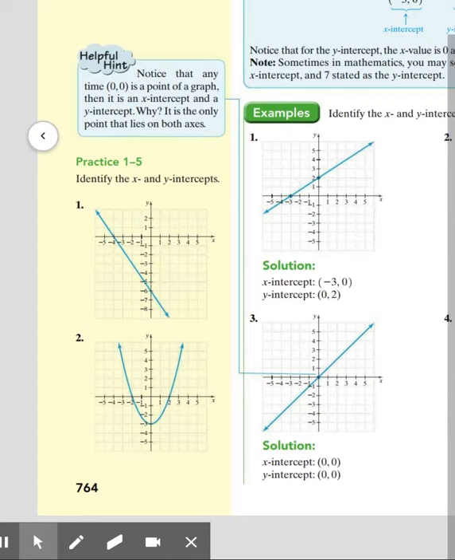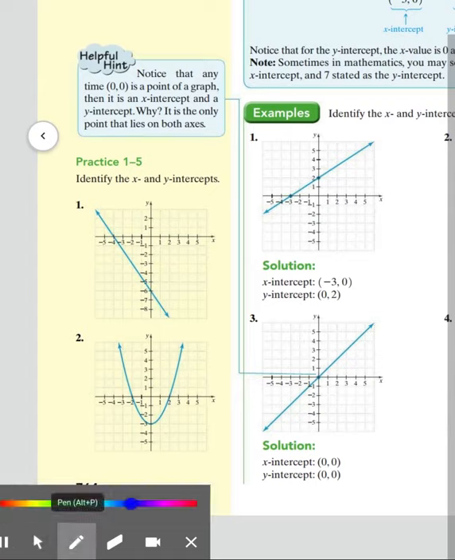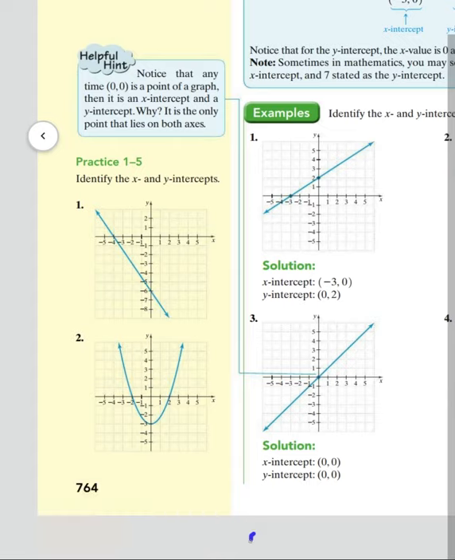So, let's look at this one. I'm going to choose a little color here. All right. So here we can see there's our x-intercept. That one is going to be -4, 0. Here we see there's a y-intercept, so that would be 0, -6.